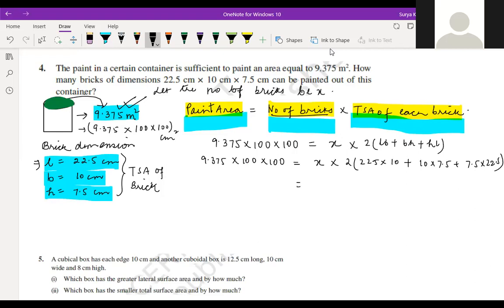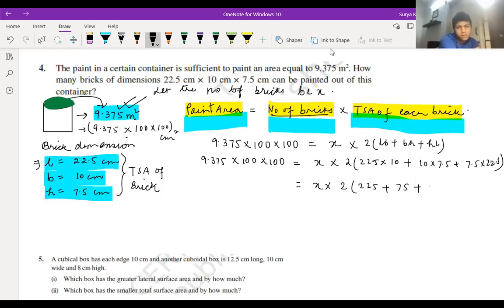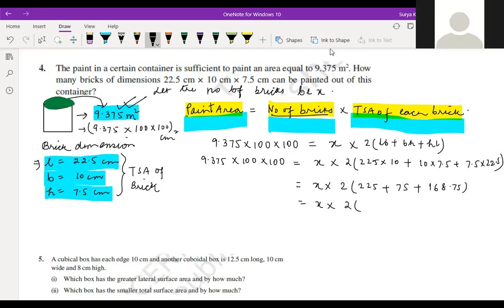So x multiply by 2 into 225 plus 75 plus what will come, Satvik? 7.5 into 22.5, what do you get? What I got is 168.75. On adding all this, what will you get? x into 2 into what? 468.75. Now we can do it easily, right?